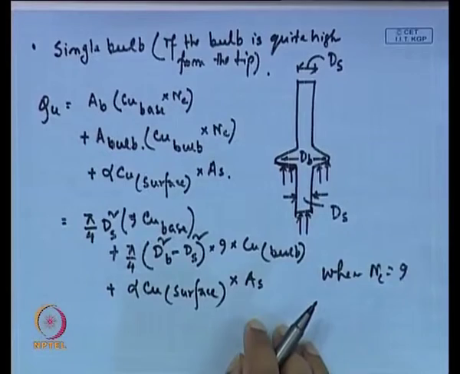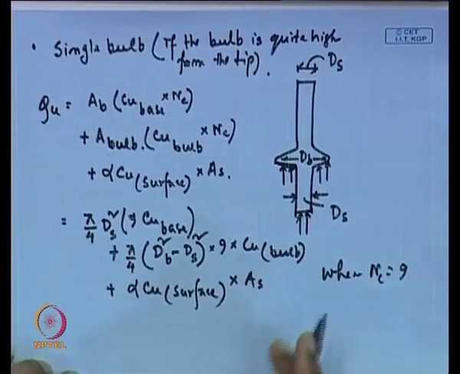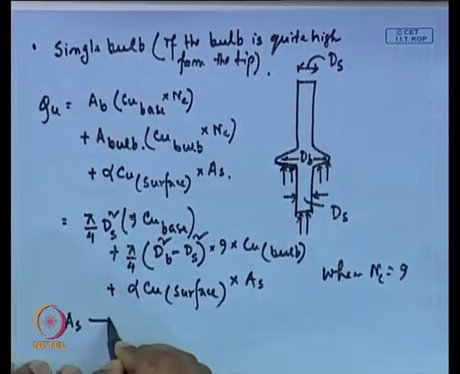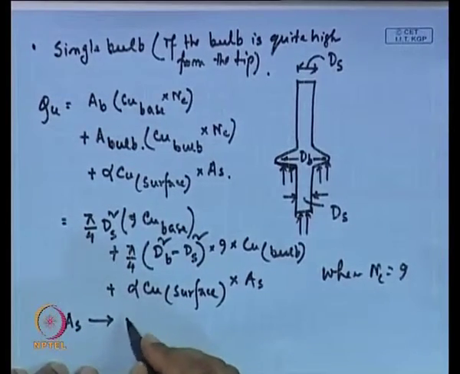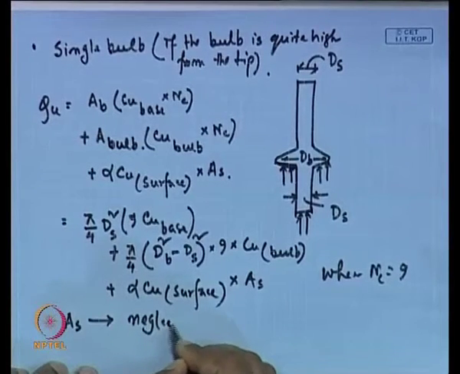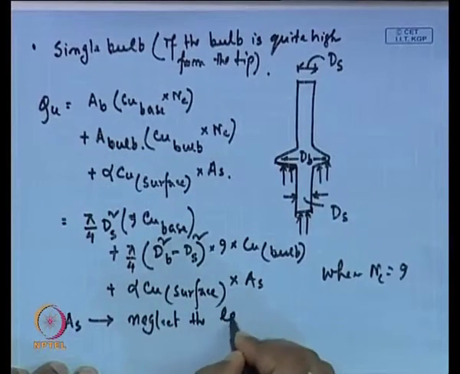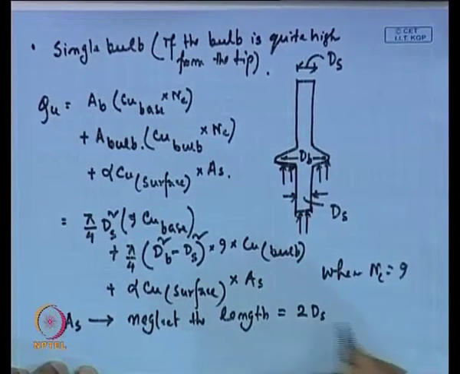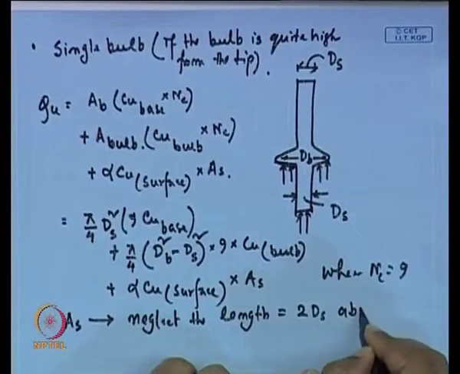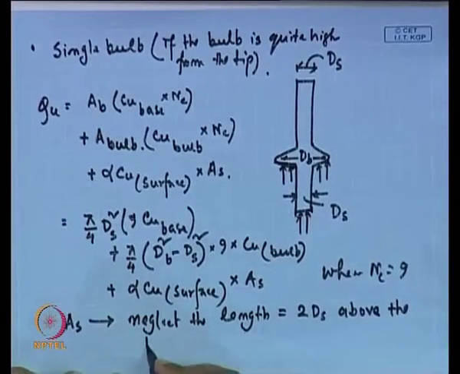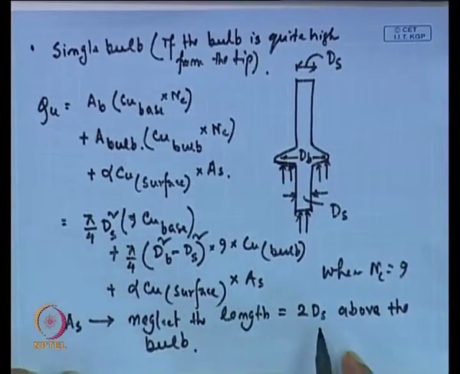Now, as the pile settles, during the calculation of As, it is generally recommended that the length of the shaft equal to 2ds above the bulb be neglected.